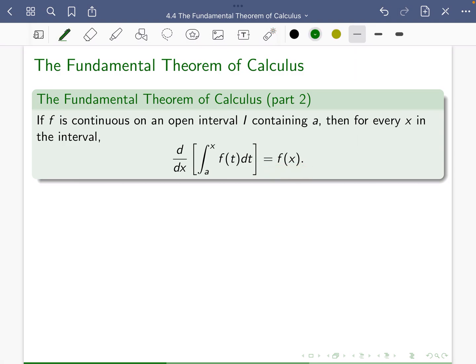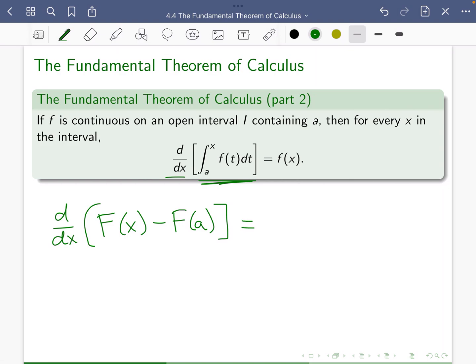So let me see if I can give you a little bit of intuition. If we were to think about just applying the fundamental theorem of calculus to that integral, you would find an antiderivative, plug in the upper limit, and subtract what you get when you plug in the lower limit. And then what are you going to do with that? Well, we're taking the derivative of that.